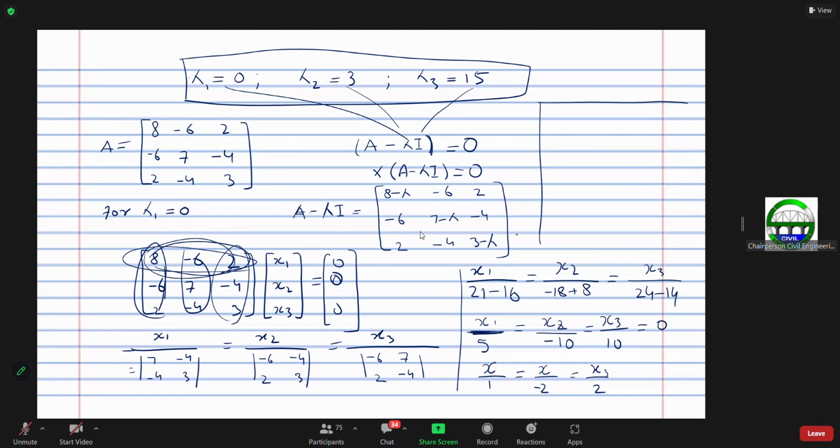what are we going to do? We say x1, x2, and x3 is equal to 1, minus 2 and 2. So this one will be your value and that's it.